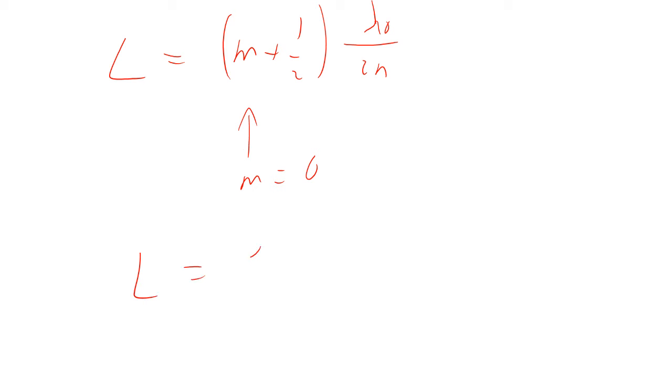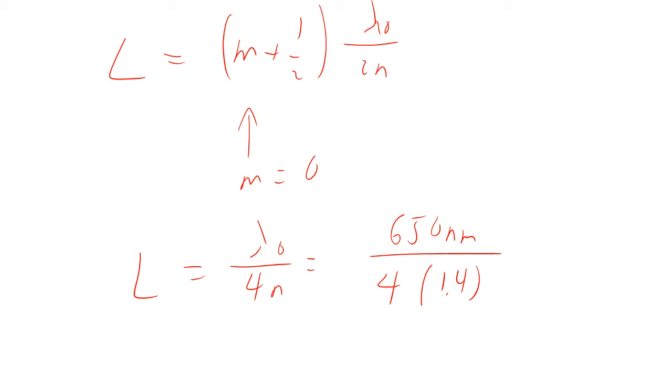L equals (m plus 1/2) lambda naught over 2n. The thinnest it's going to be would be if m is 0. So L equals lambda naught over 4n. So that'd be 650 nanometers divided by 4 times 1.4.